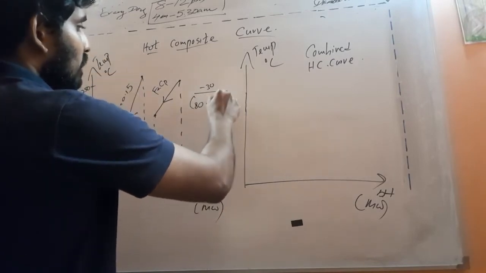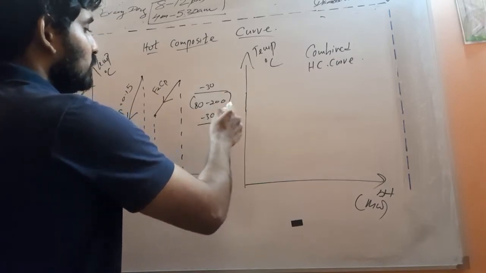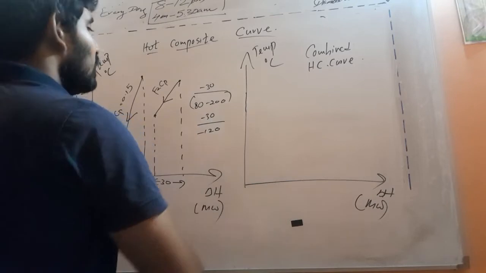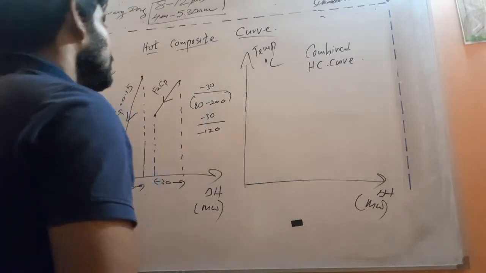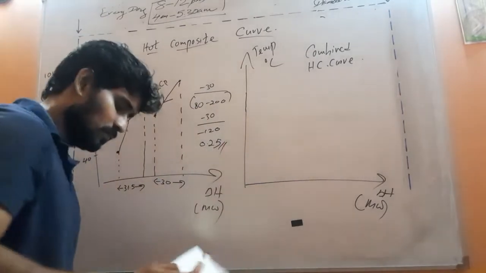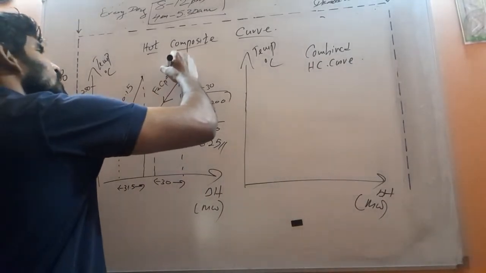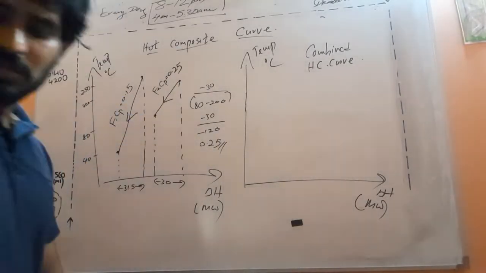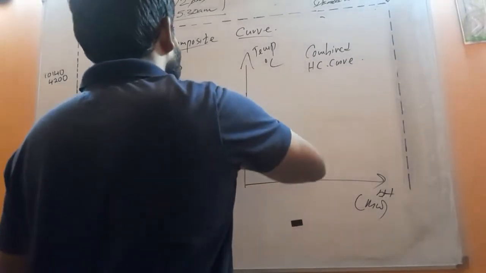So minus 30 divided by 80 minus 200, which is minus 120. Minus by minus cancels. This is 1/4, which means 0.25 positive. So the FCP value here is 0.25. Yes, done.